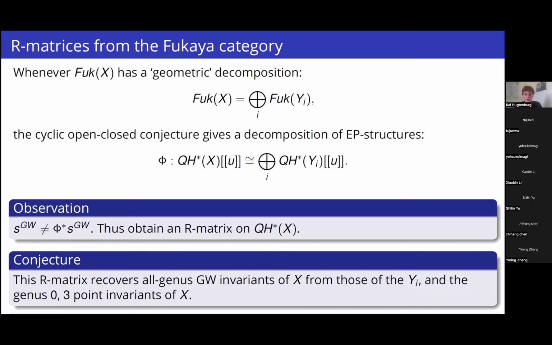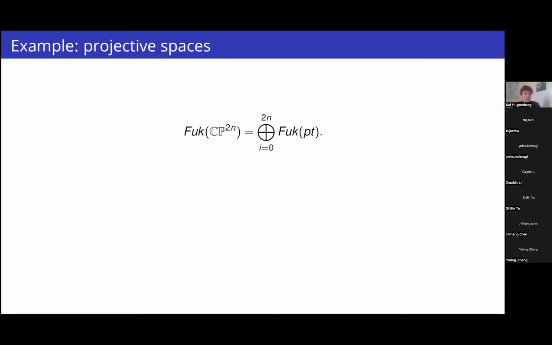Now, let me give some examples of this, because I think this conjecture is rather abstract, and no one will believe me if I don't give any examples. So the first example is projective space.